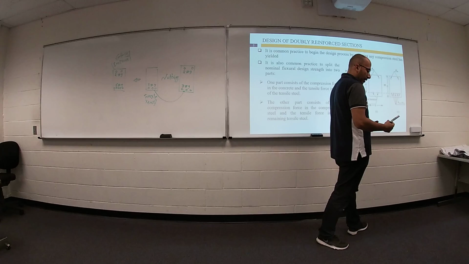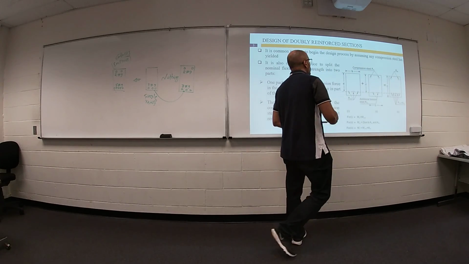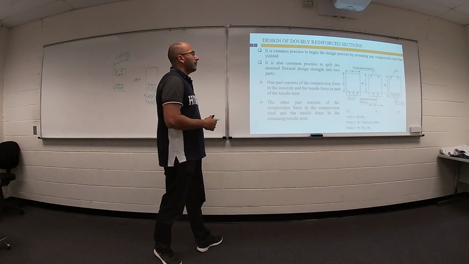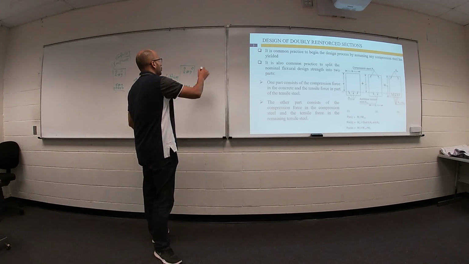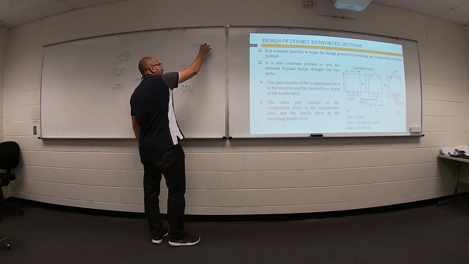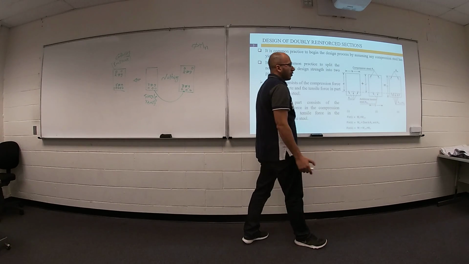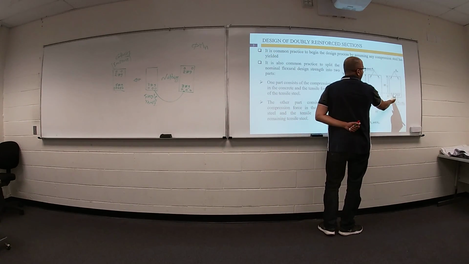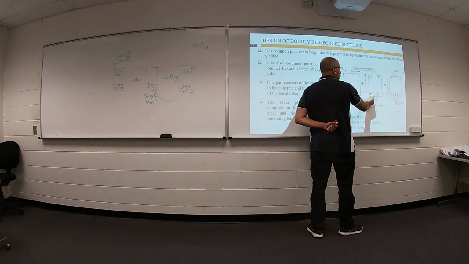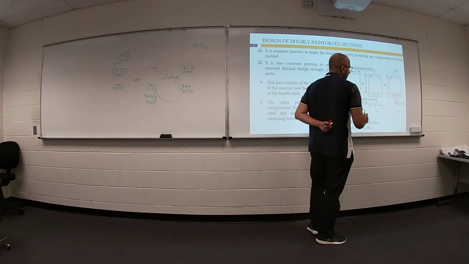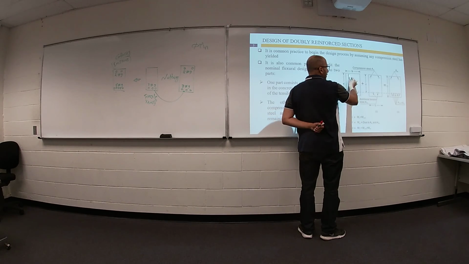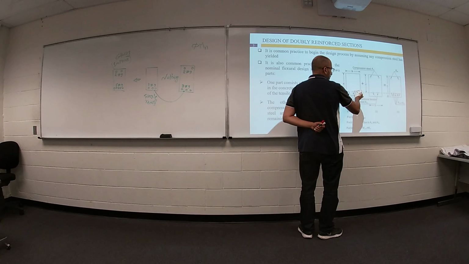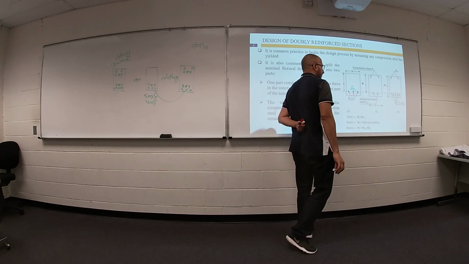So to design or to get your design moment, which is called Mn, for concrete with double reinforced section, we can divide this cross section into two cross sections. The first one, without any reinforcement in compression, we have reinforcement in tension with area steel 1.